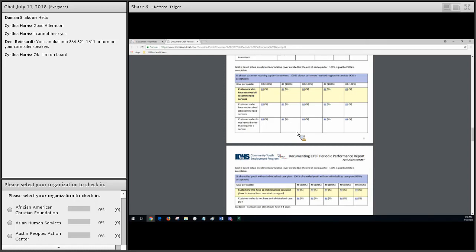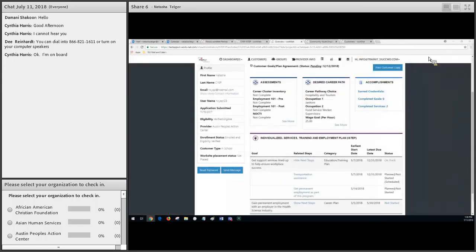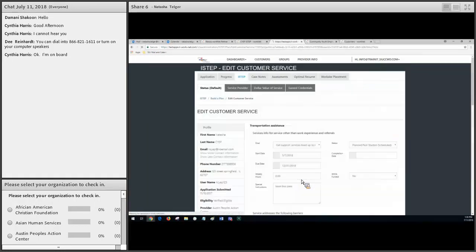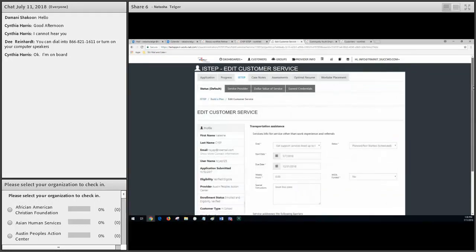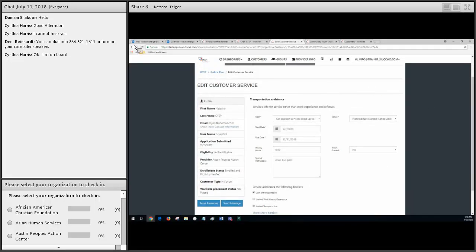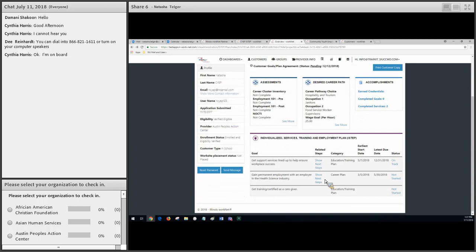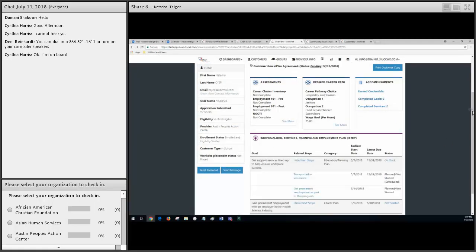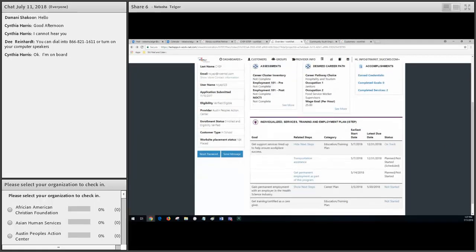And there are lots of different options as to what those services might be. But the idea is, if we say to a youth, well, you need these services in order to be successful, but then the youth doesn't get those services, well, that's a problem. So our goal, after we determine what the services are that the youth needs, should be to make sure that the youth gets started receiving those services.